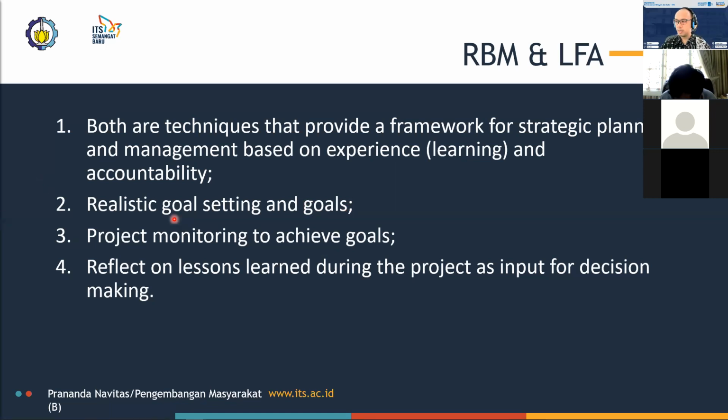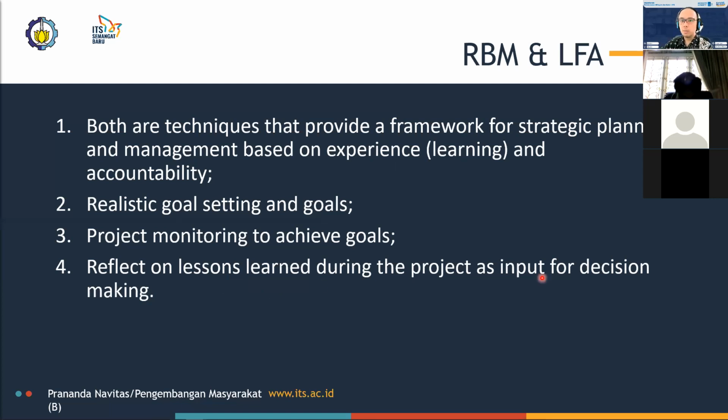As both techniques rely heavily on experience and lessons learned, throughout the course of the project there are moments or opportunities to reflect on lessons learned as an overall input for decision making.